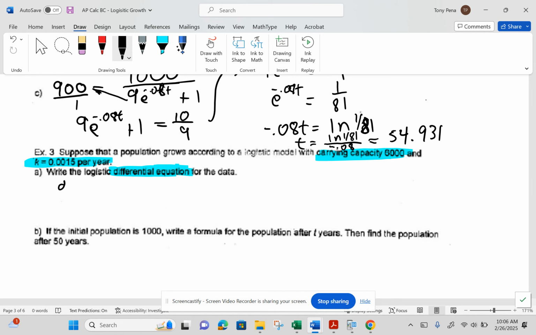So that is the first one from the front page. Here is what it looks like without any details. But now take these two pieces of information. This is your carrying capacity. This is your little k. You're just plugging it in. And that's all we're doing for part A, just to make sure we can take that data and use the new little equation here.